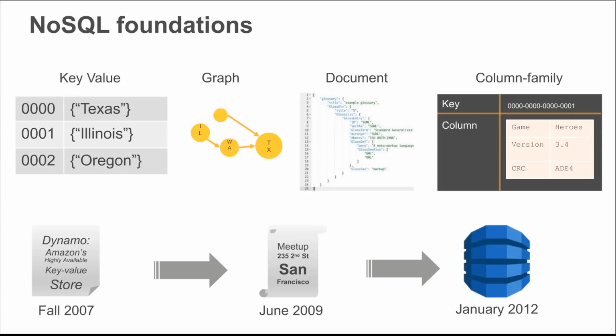We needed a name for the talk, and the idea of NoSQL, some will even say it's not only SQL, came up to describe technologies like Cassandra, HBase, and CouchDB. And of course, between the fall of 2007, when the Dynamo white paper was written, which was sort of a technological foundation of Cassandra, we had SimpleDB, and then in January 2012, we have DynamoDB.